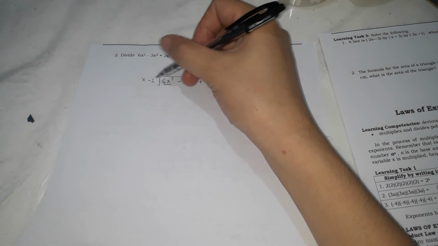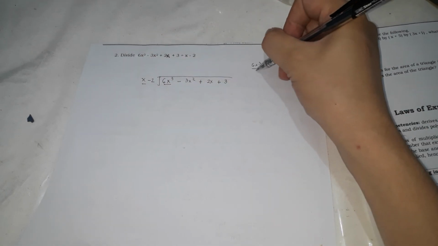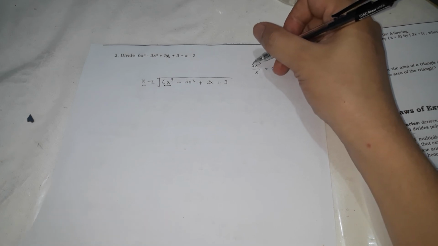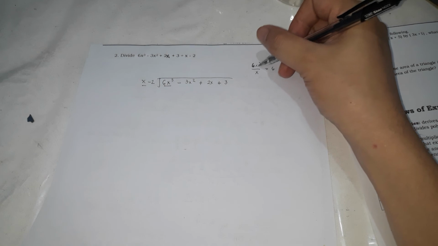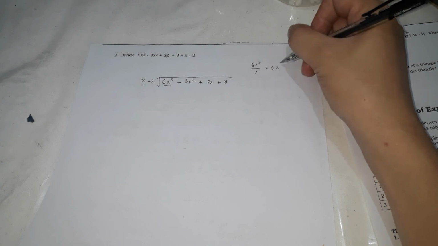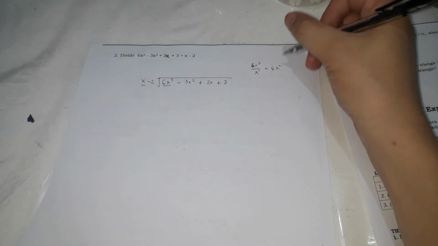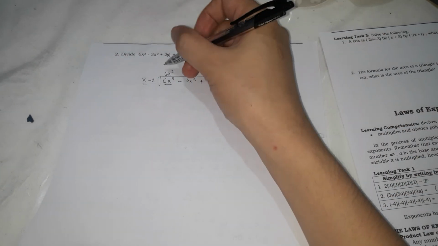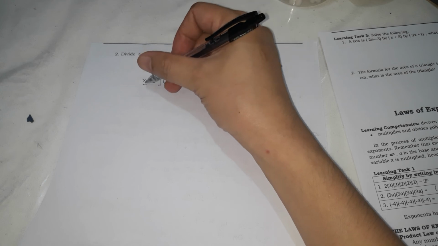So, first by first, divide 6x cubed divided by x. So, copy ng 6, x cubed divided by x. So, i-minus mo exponent, 3 minus 1 is x to the 2. So, 6x squared. So, multiply 6x squared by x.